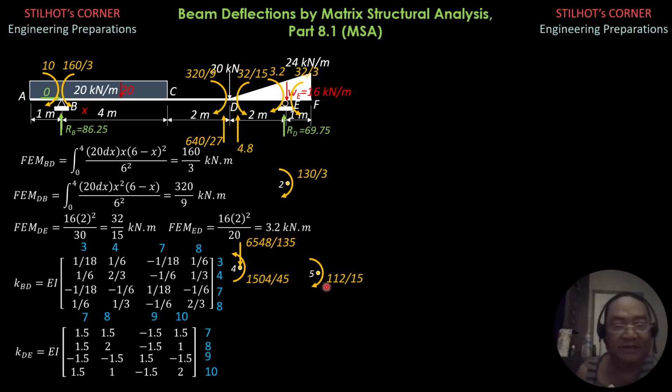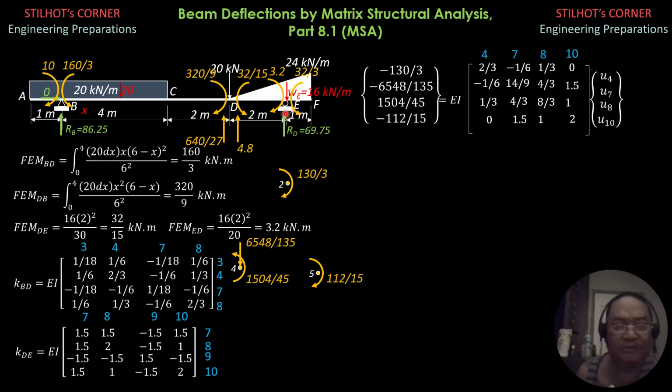So we are interested only in the net couple load. So we now consider 4, 7, 8, and 10 as shown. So 4, 7, 8, 10.